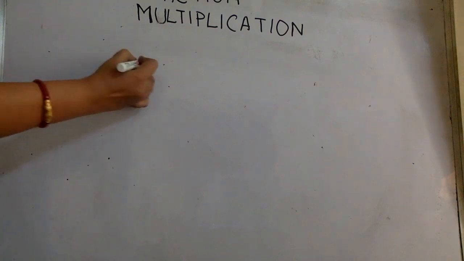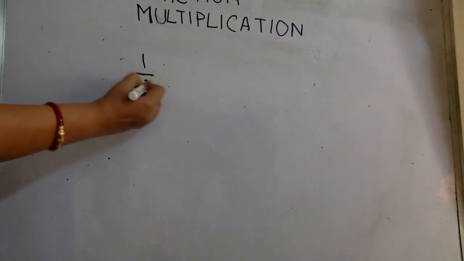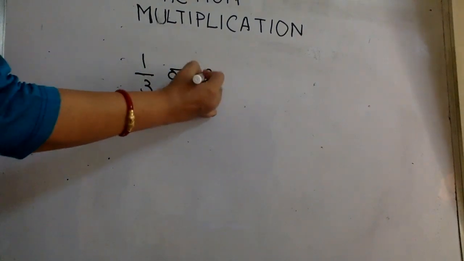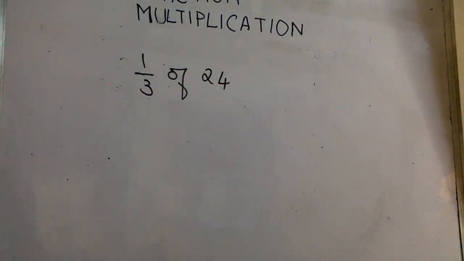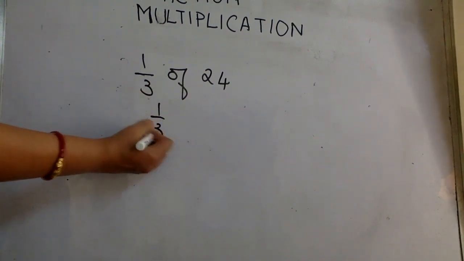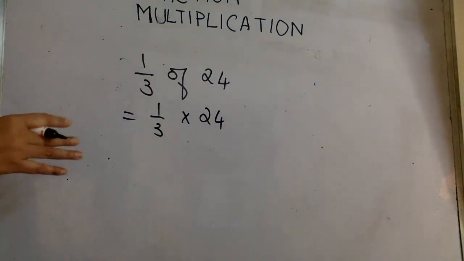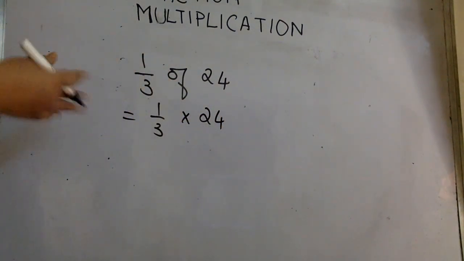If we have a sum like this, 1 by 3 of 24, what to do? This "of" indicates we have to multiply. So 1 by 3 into 24 we have to write first. So we have changed it to our kind of sum.